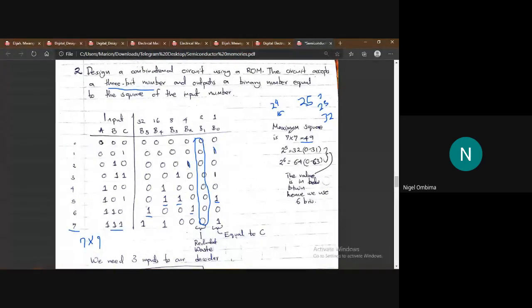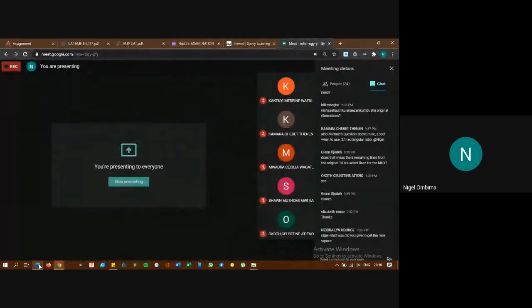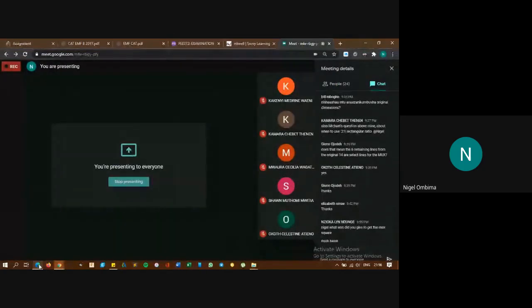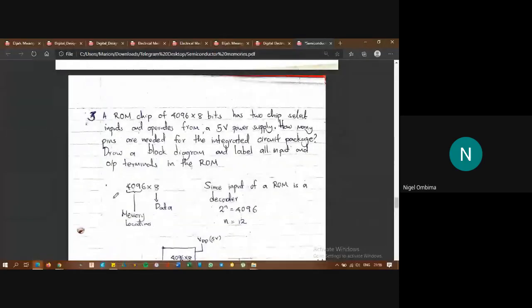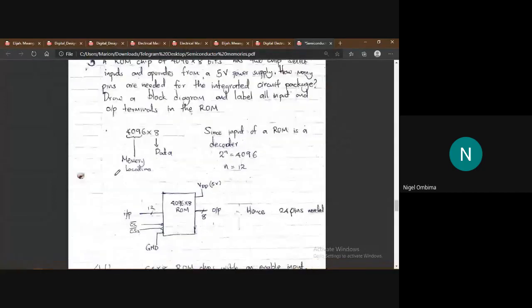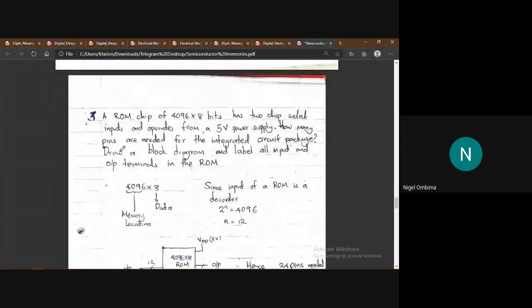So kupata maximum square yake itakuwa 15 by 15. Ama, is that what you're asking? Ama I should go further? Okay. So, tukiendelea, 956. Okay, let me just hit here these two.